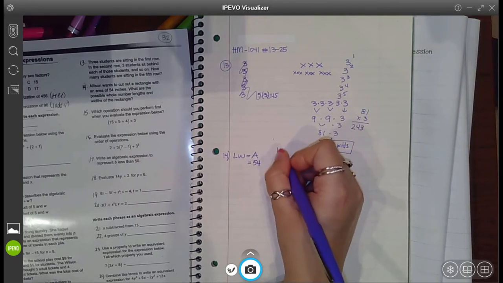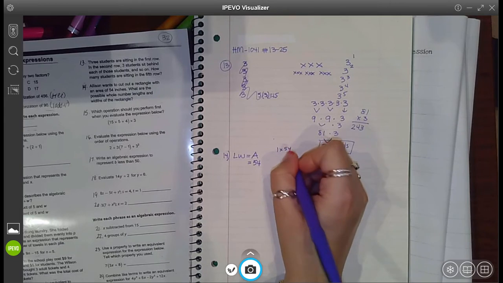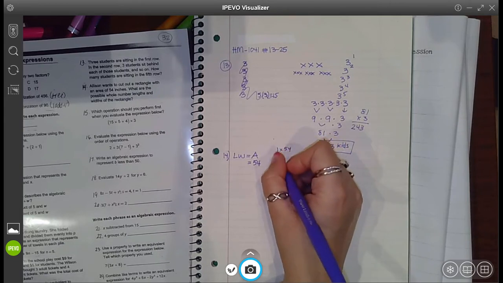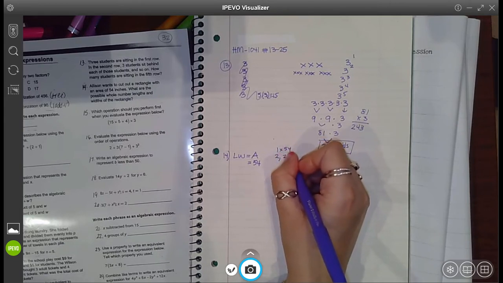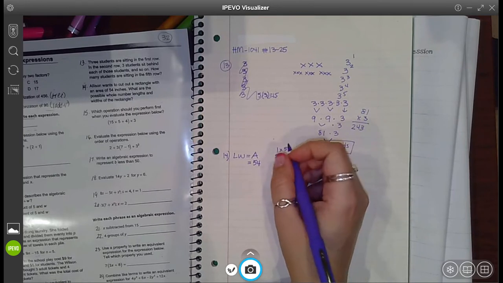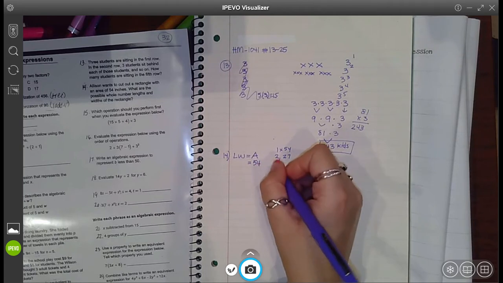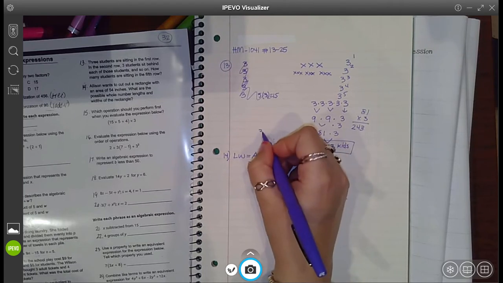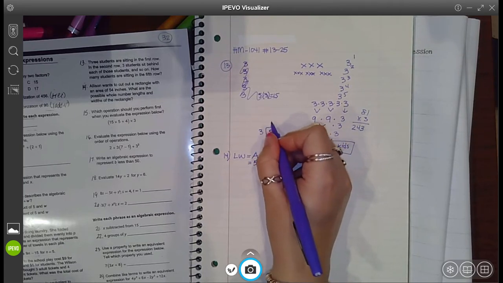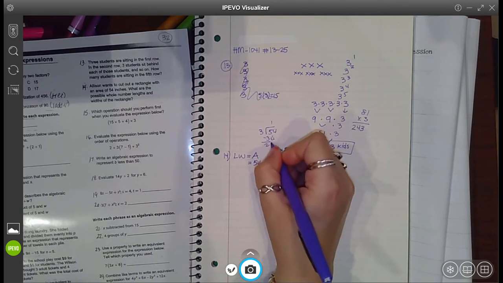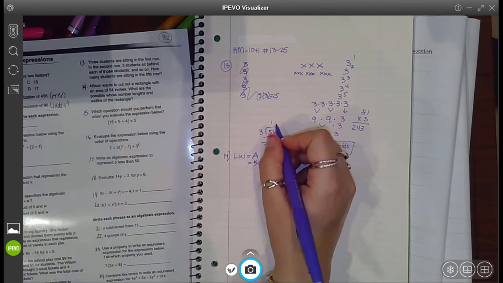So 1 times 54, right? What else? Can 2 go in? Yeah, because it's even. So 2 and 27. Can 3 go in? Well, 4 plus 5 is 9, and 3 can go into 9. So I know 3 can go in. So let's do some long division there. And 3 goes in 24 8 times.